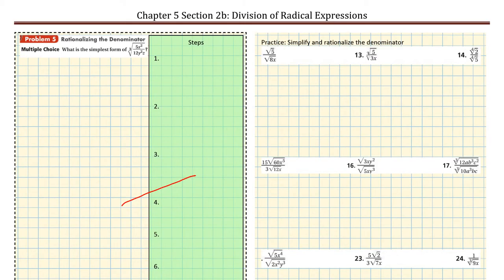What we're going to do now is rationalize the denominator of a radical division. Our first step is to use the property of dividing radicals to separate the single radical into two radicals.